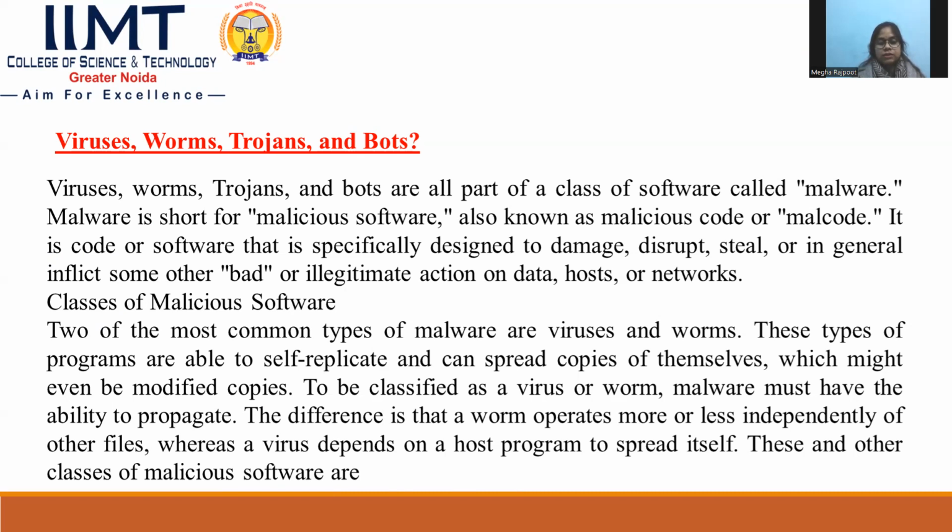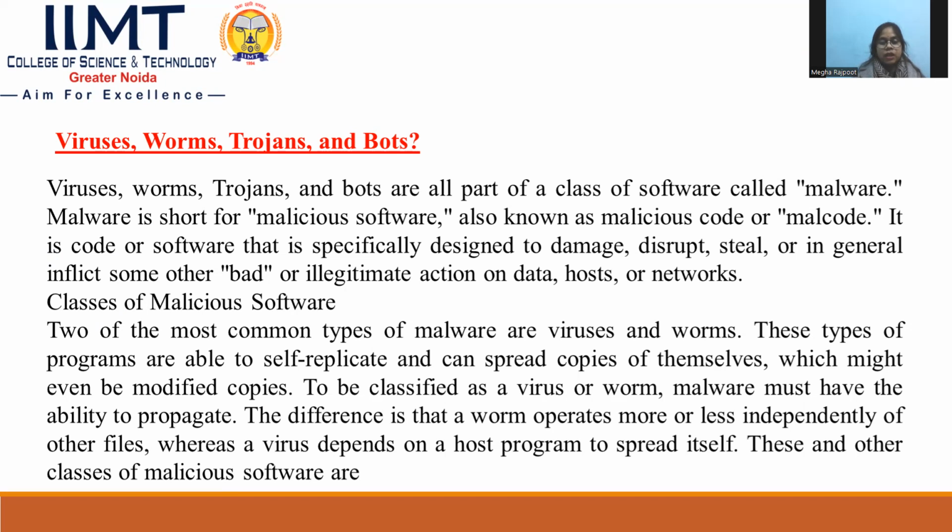Classes of malicious software. The two most common types of malware are viruses and worms. These types of programs are able to self-replicate and can spread copies of themselves, which might even be modified copies, to be classified as a virus or worm.